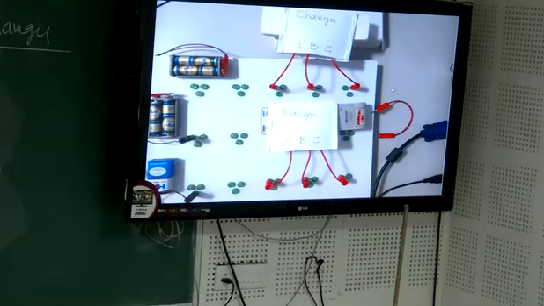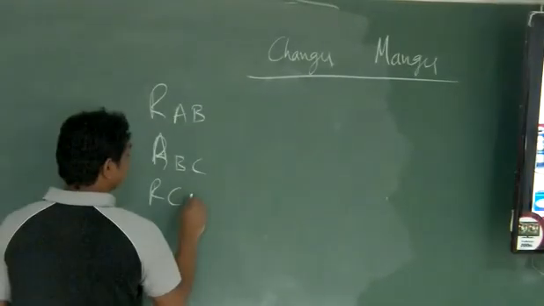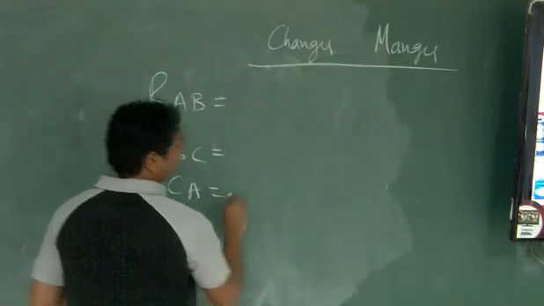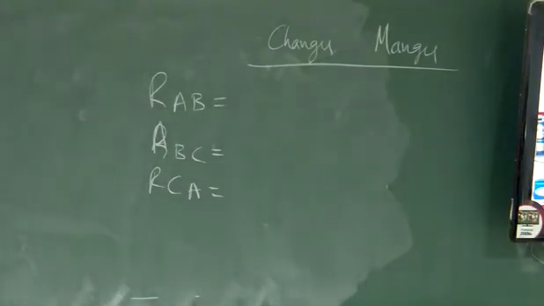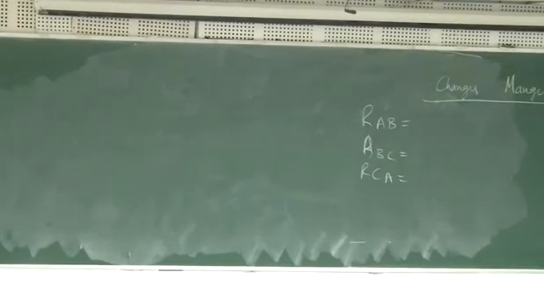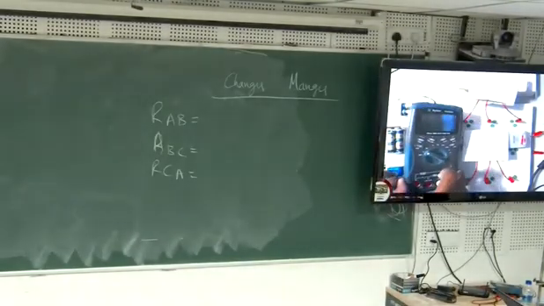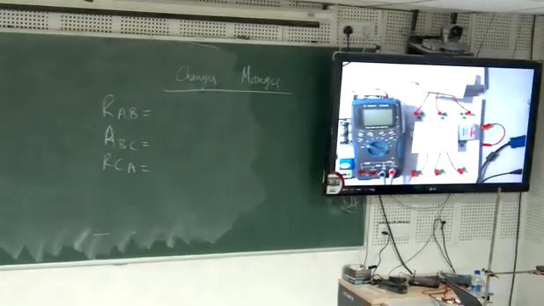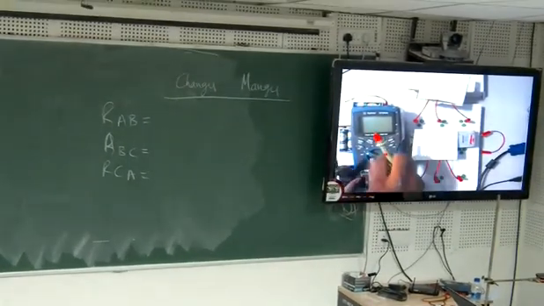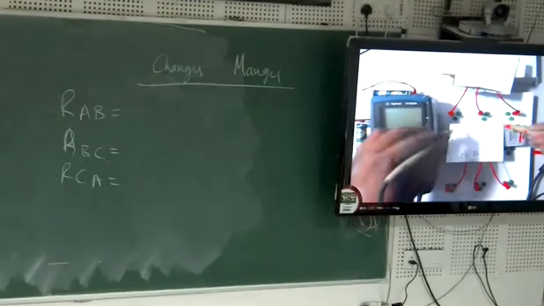I'll write it here: RAB, RBC, and then RCA. I need both. I set it on ohms, and then let's measure here.